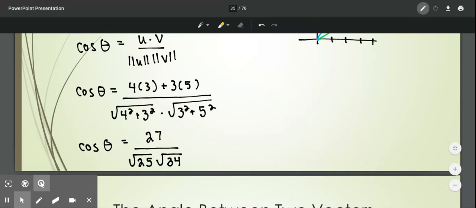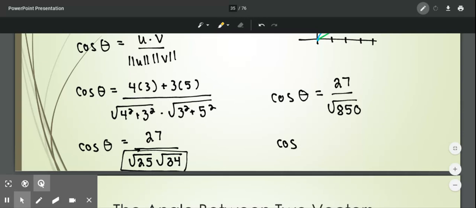What's 25 times 34? 850. So we get the cosine of theta equals 27 over the square root of 850, and I got to 850 by multiplying the 25 and the 34. Then you go inverse cosine of 27 over root 850, and that will give you your theta.